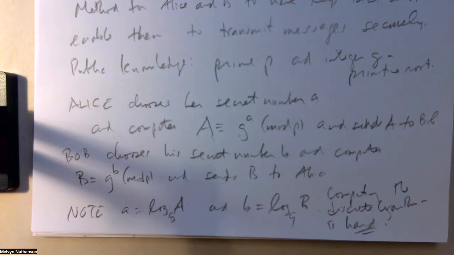So even though Eve knows the prime P, the primitive root G, and these numbers capital A and capital B, she doesn't know the secret numbers a and b. And notice Alice knows her secret number a. Bob doesn't know the secret number a. Bob knows his secret number b. Alice doesn't know his secret number b, and she doesn't have to.